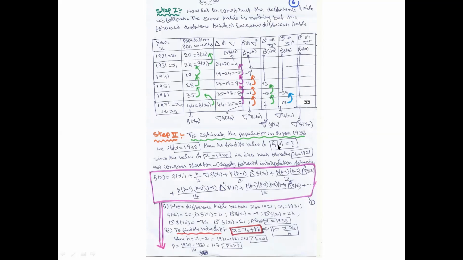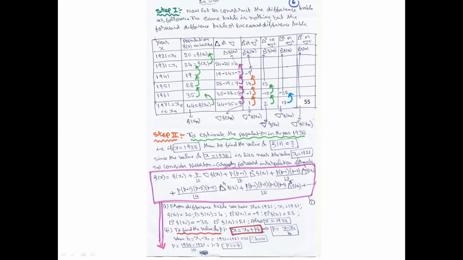In the theory part, I explained it clearly. Further, the x value 1938, see the first column. 1938 is nearer to x naught. It is not nearer to xn. So we have to use the Newton-Gregory forward interpolation formula.